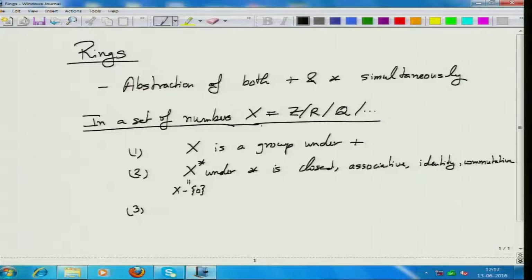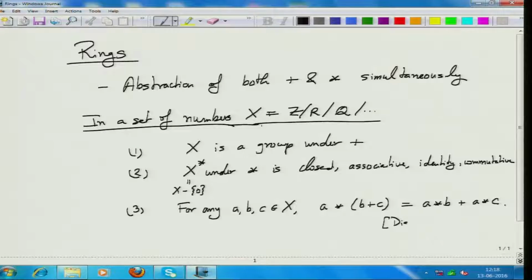We already know the structure of numbers under addition. But there is one thing that is still missing: the way addition and multiplication interact with each other. And that is captured by the next property. This is called the distributive property.